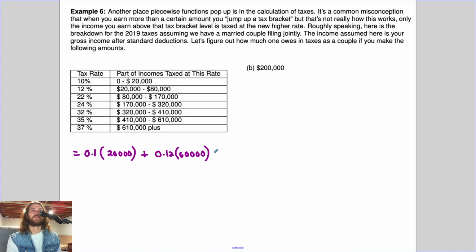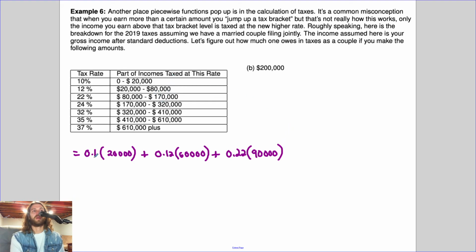The 120,000 left needs to be taxed. They're also going to max out the third category, the 22% category. So they're going to pay 22% on the money that carries over into that category, which is 90,000. I know that because the width of this tax bracket is $90,000, and theirs exceeds 170.